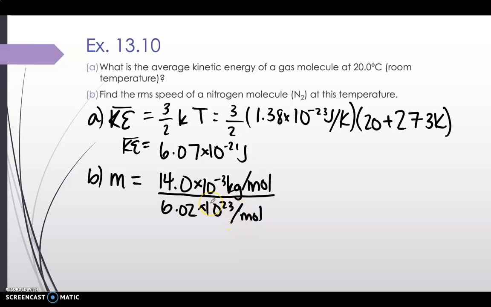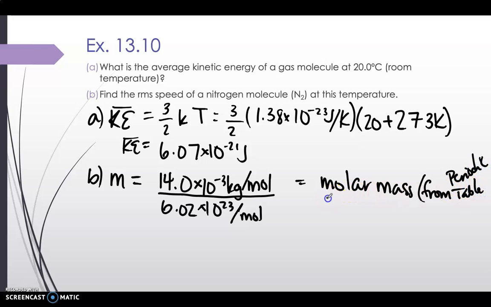So let me go ahead and explain what I just did. This is my molar mass, and this is from the periodic table. You can find that online. I'm not sure that it's in your book.